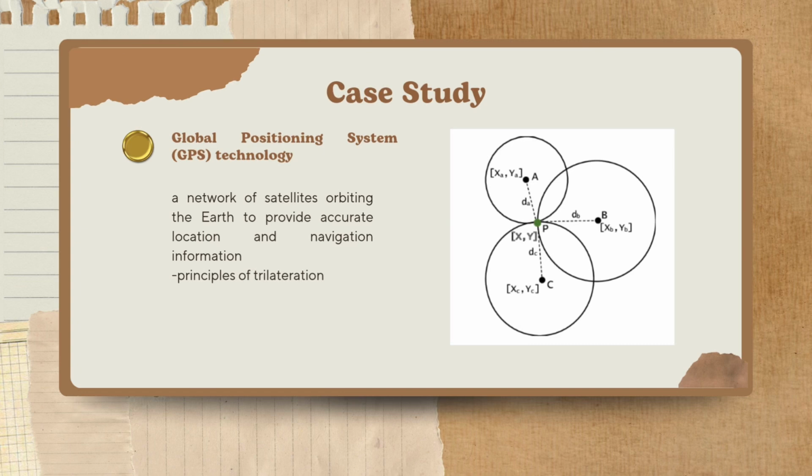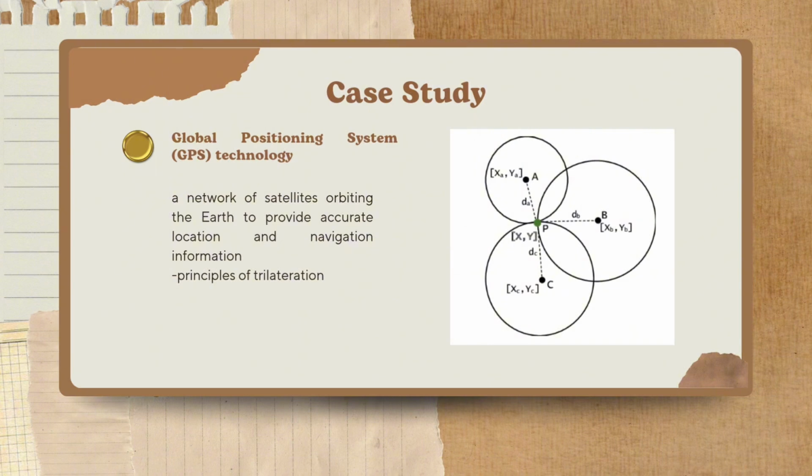Next, I would like to briefly discuss the application of vector calculus in real-world technology, particularly focusing on GPS technology and airplane navigation systems. Let's start with GPS. GPS relies heavily on vector calculus to provide accurate positioning. By using signals from a network of satellites, a GPS receiver calculates its distance from each satellite by measuring the time it takes for signals to travel.